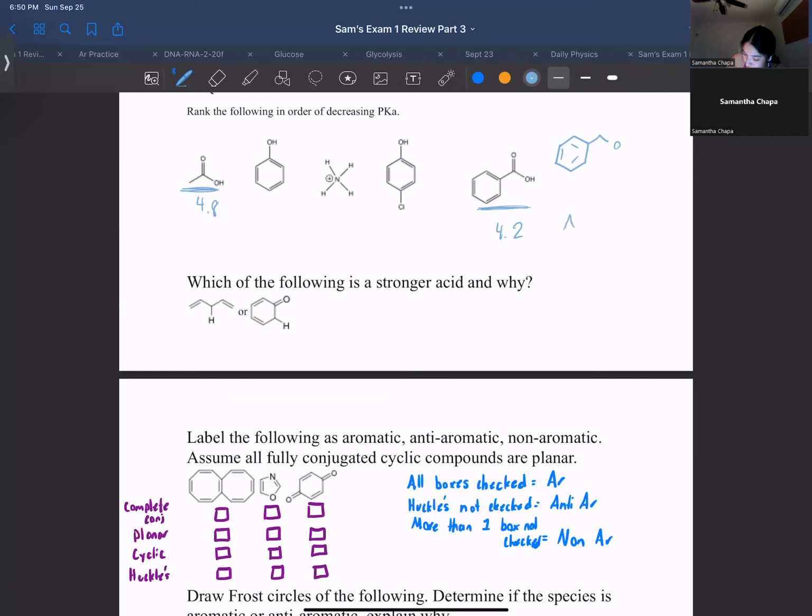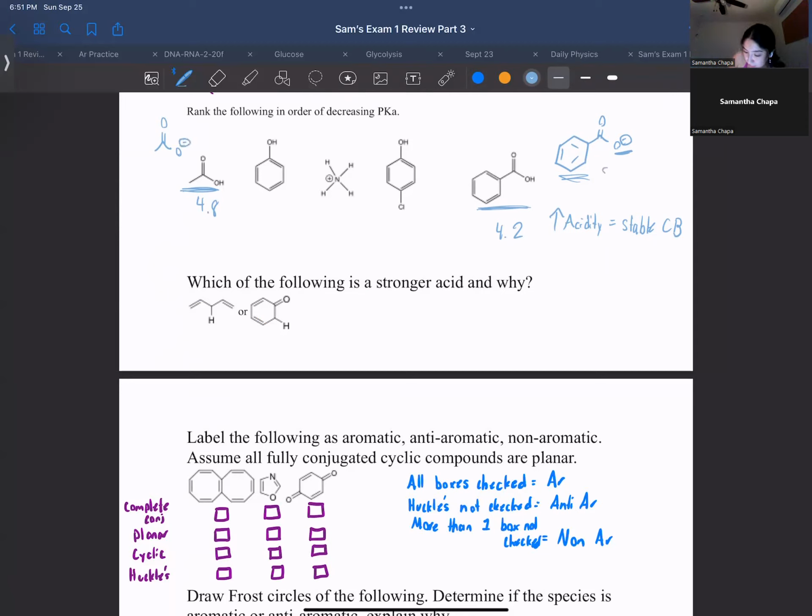So increasing acidity equals stable conjugate base. So I'm drawing my conjugate base over here. And in this conjugate base, something that's also withdrawing electron density from this group right here is going to be the benzene ring, whereas this one over here only has the carbonyl group, the C=O.